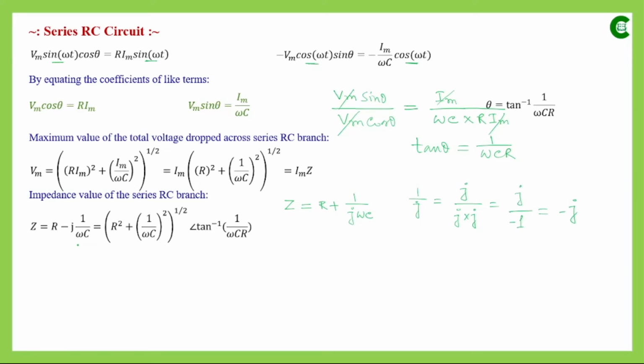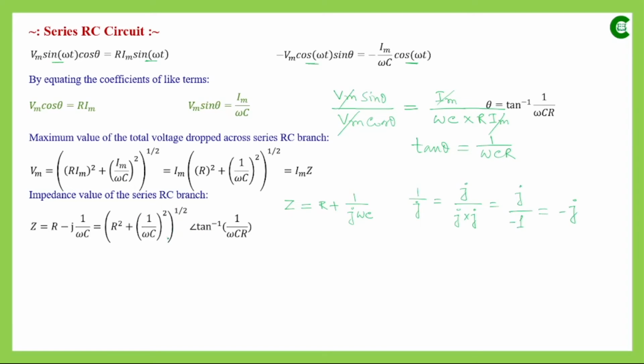This is the rectangular representation of a complex number, and if we convert it to its equivalent polar format, as I have already discussed in one of my previous lectures, it is simply the square root of the summation of the individual square values: √(R² + (1/ωC)²), which we already saw in the previous step. This is the magnitude of impedance, and then we have the angle.